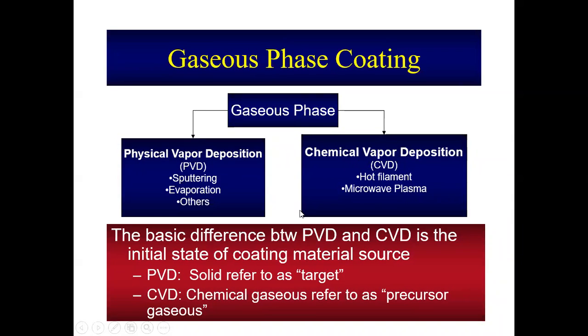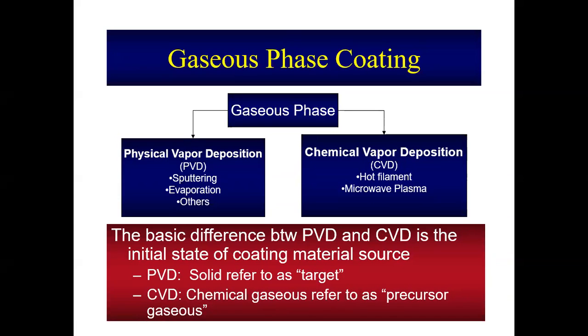The basic difference between PVD and CVD is the initial state of the coating material source. For physical vapor deposition, the initial state of the coating material is solid. I refer to that as a target material. And for CVD, chemical gases referred to as precursor gases are the initial state of the coating material.